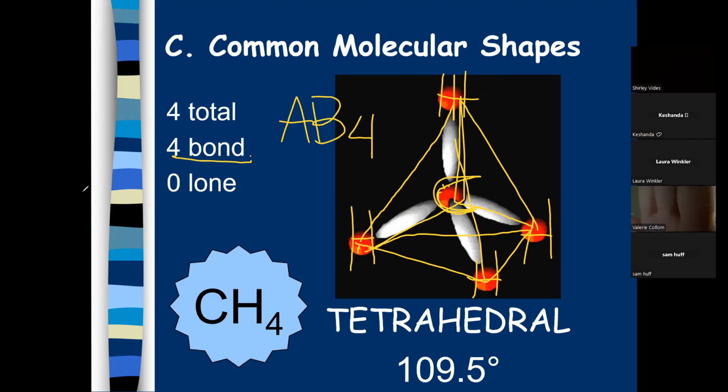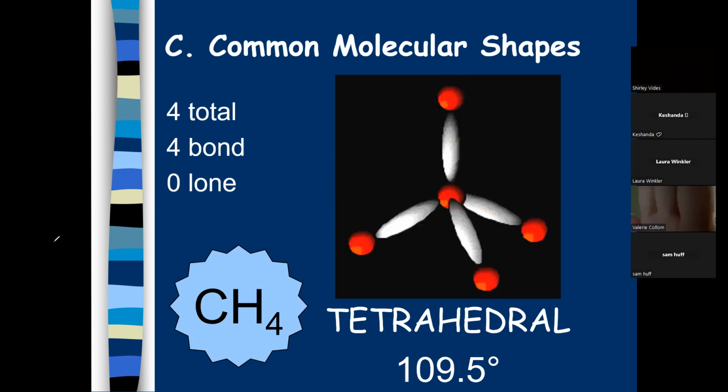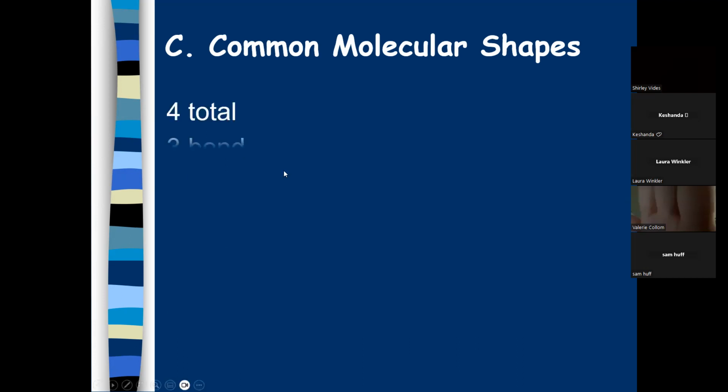Okay, so next we have the things that come from it. So linear, trigonal planar, and tetrahedral are the main electron group geometries. They're also molecular shapes. Okay, so next we have a variation of this guy.